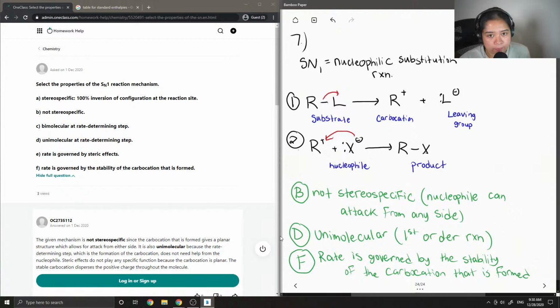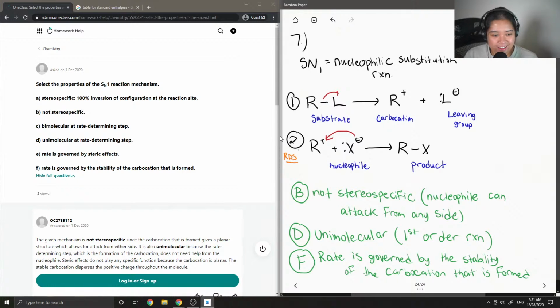Okay, so I'll kind of explain this. Step 2 would be considered our rate determining step. So as you can guess, that means that it's the step where the rate is determined.